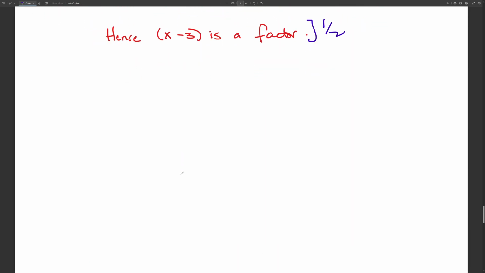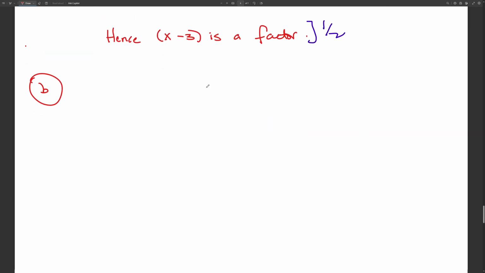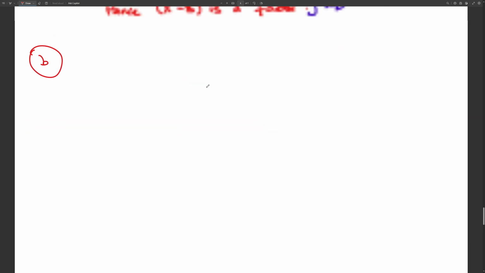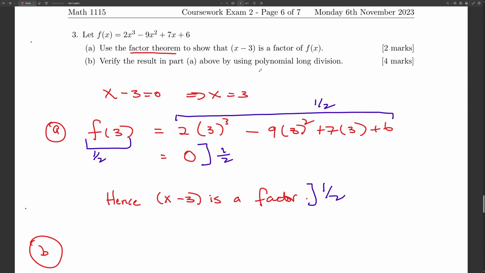Let's move on to part B now. Part B tells us to use polynomial long division to verify the result. Remember, they already told us that x minus 3 is a factor.